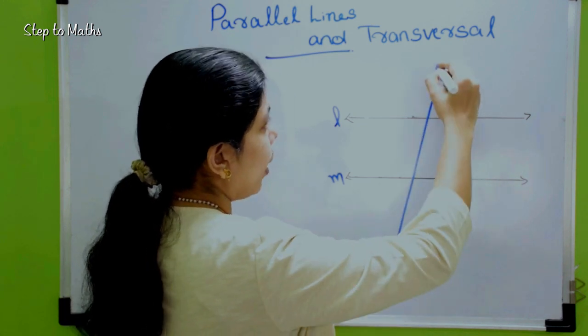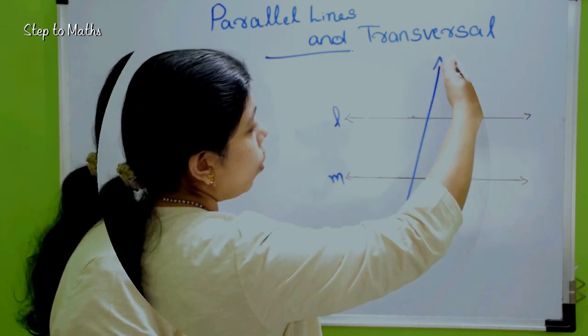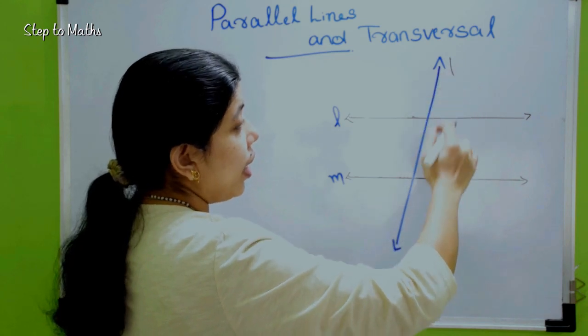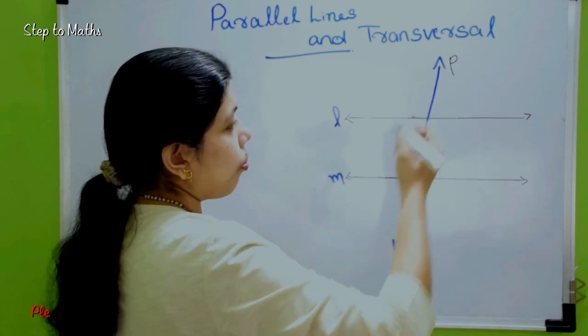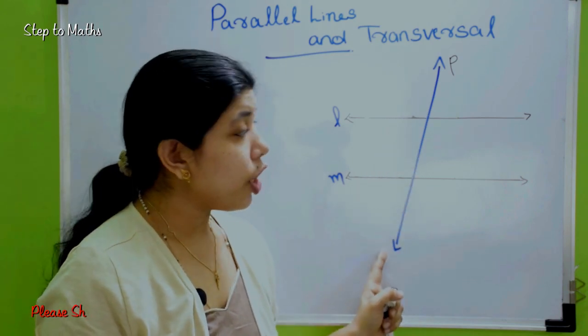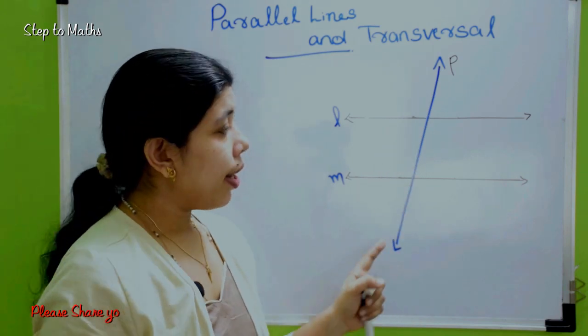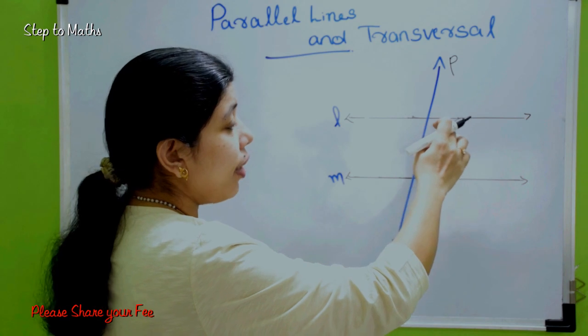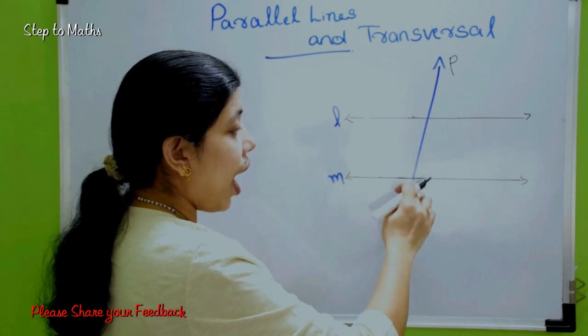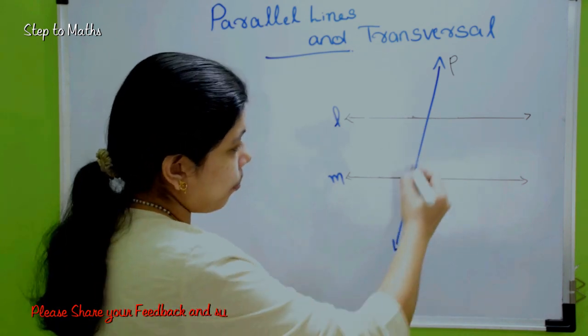We draw another line. We can label the line as P. What is the specialty of line P? Line P meets the two parallel lines L and M at two points.